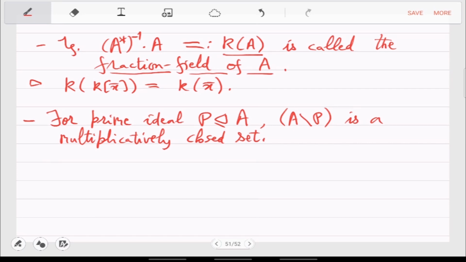So we can localize by this, we can introduce inverses of this, and we will give it a special name.